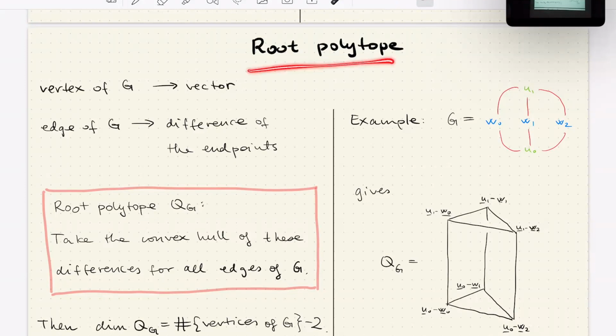The root polytope. It starts with the same graph G, which is a bipartite graph. Every vertex of that can be treated as a vector. I guess people do that. Why not? And then a classical idea is that every edge of the graph should be treated as the difference of those 2 vectors at the endpoints. This is a completely classical idea in mathematics.